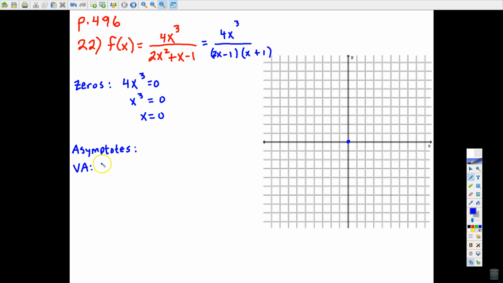If you're not sure, take each factor, make it equal 0, solve for x. So one of my vertical asymptotes will be the line x equals 1/2. So here's that line, approximately. And then I'm going to have another vertical asymptote that you can probably tell pretty easily will be x equals -1.